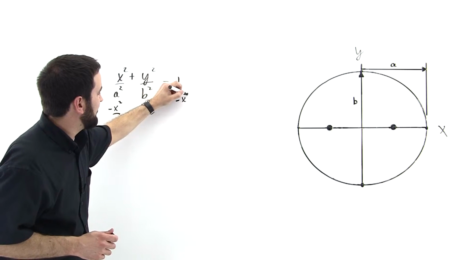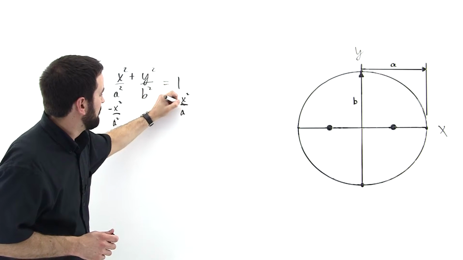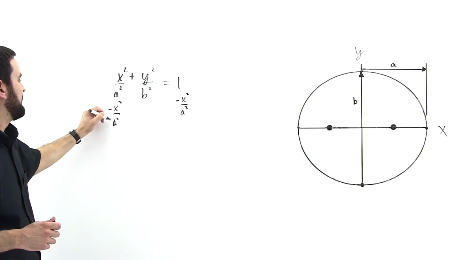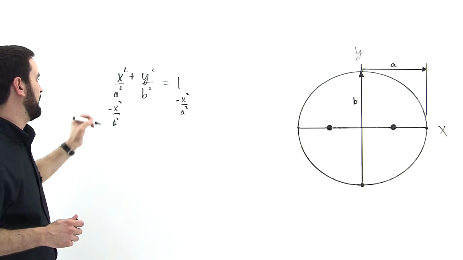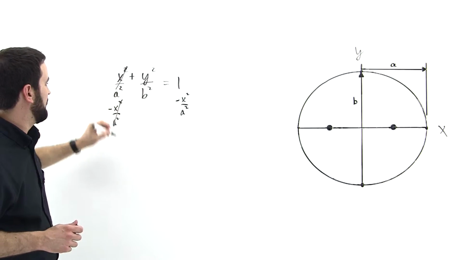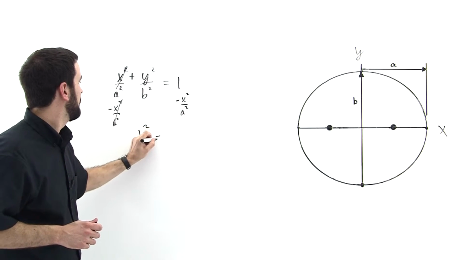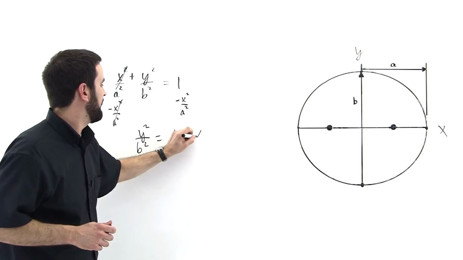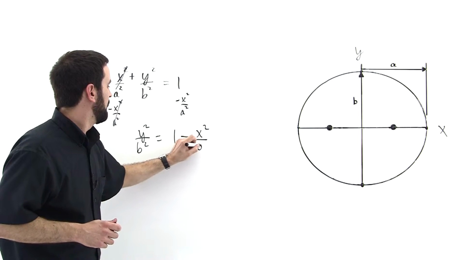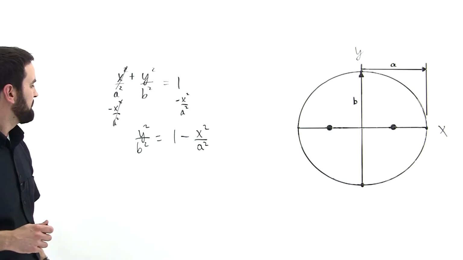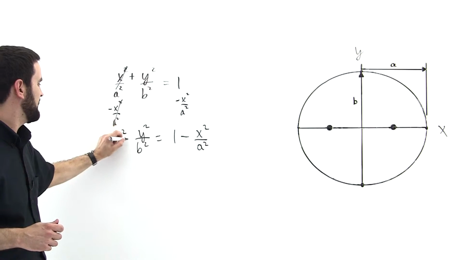Remember, a is just a constant value, so we can just leave it as a letter and then plug in anything we want later on. So these two will cancel, and then we'll have y squared over b squared is equal to 1 minus x squared over a squared. And then multiply times b squared on both sides.